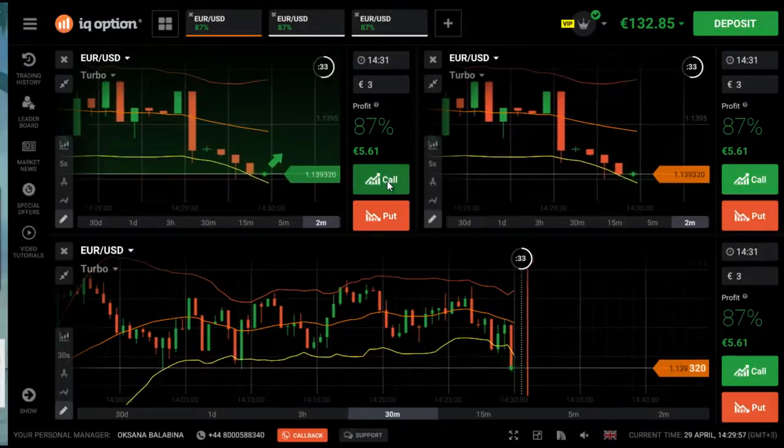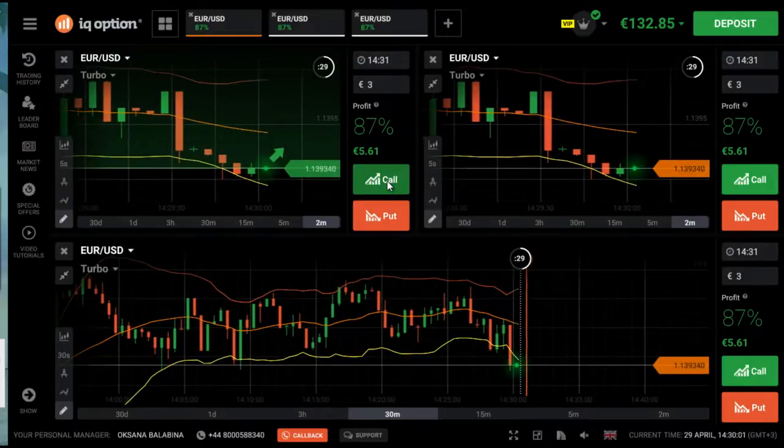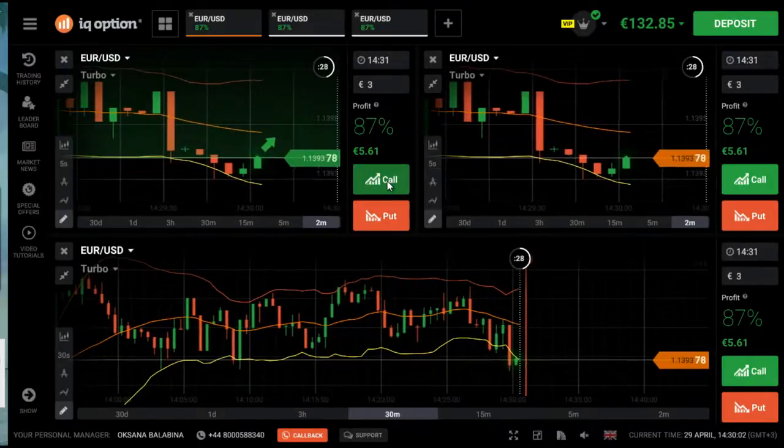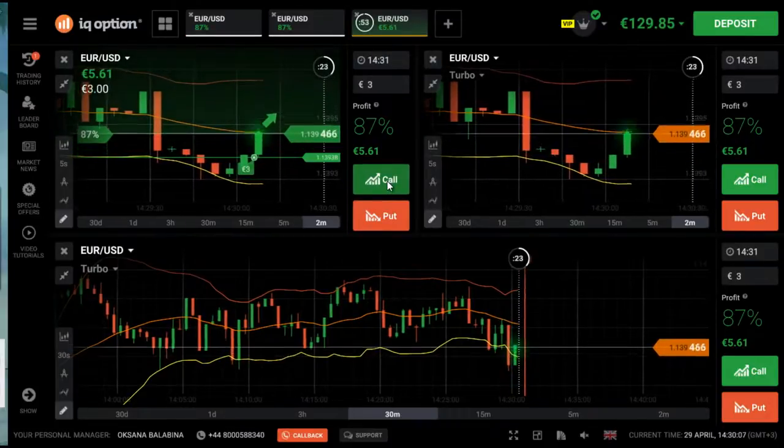This red is really growing big on the 30-second chart, waiting for the reversal. It's probably now.